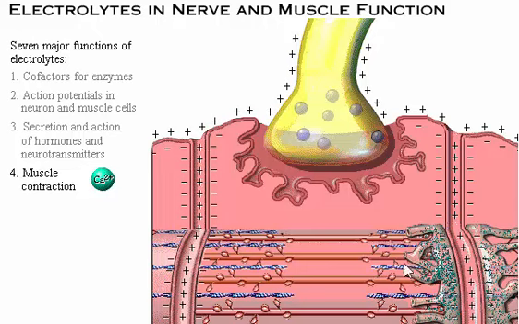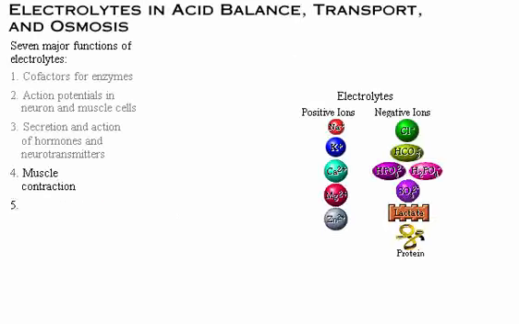Some electrolytes, such as bicarbonate, phosphate, and protein, help maintain acid-base balance. This process will be illustrated in Topic 4.